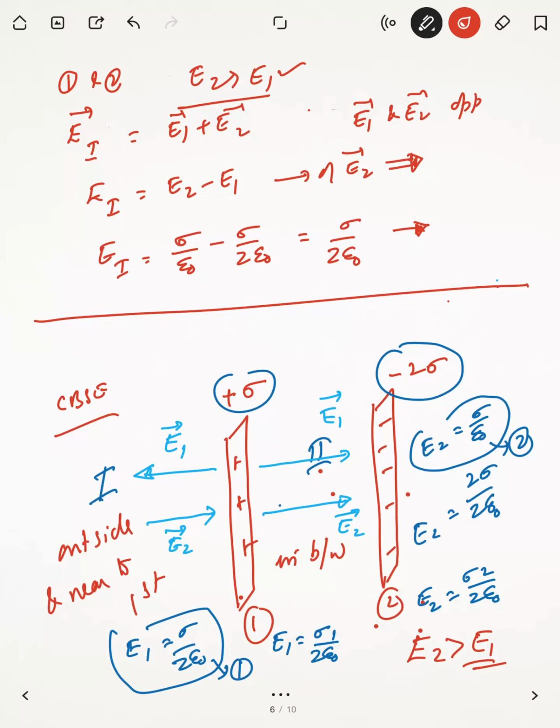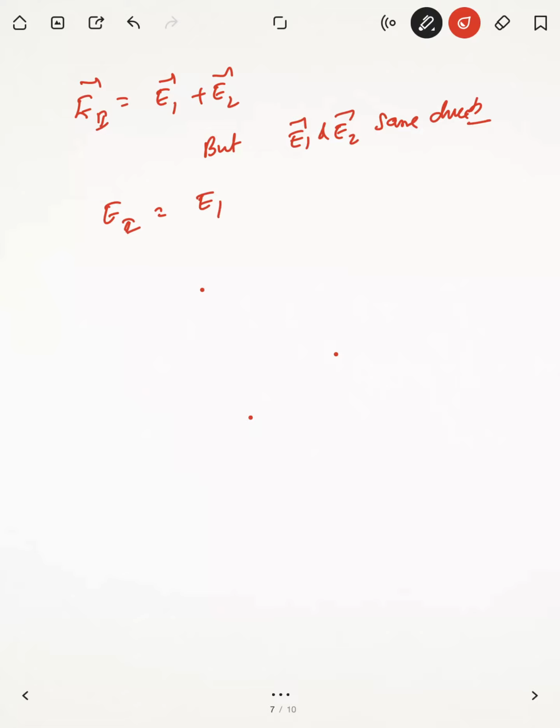Now we are left with the second region. In the second region, E1 and E2 are in the same direction, so you have to add them: E1 plus E2.